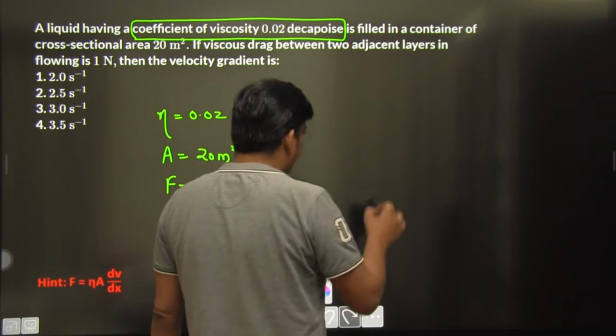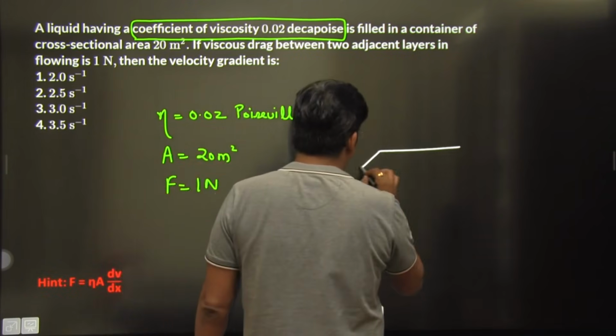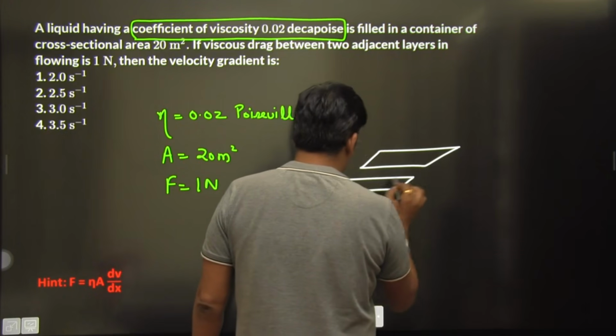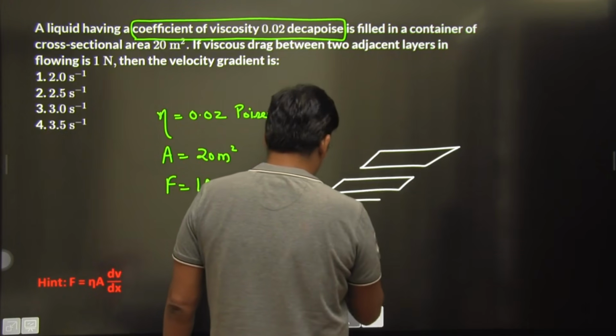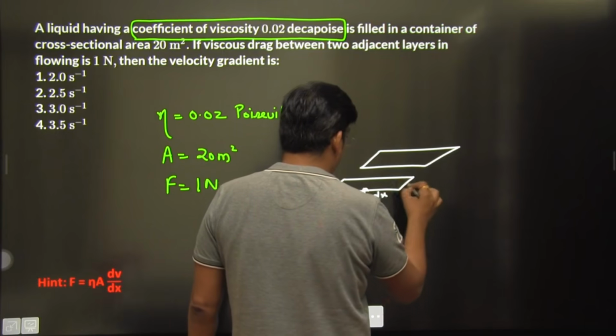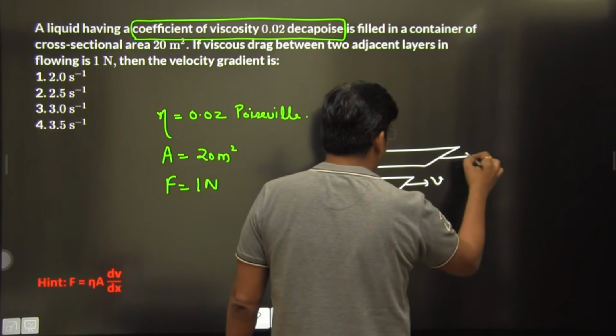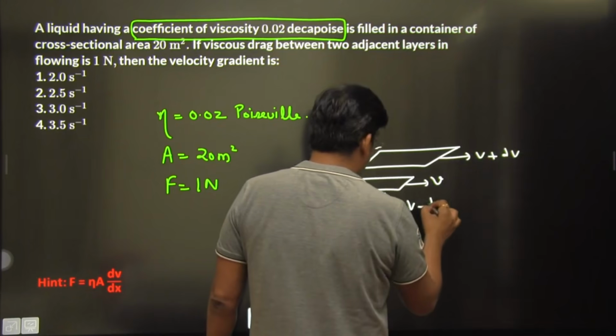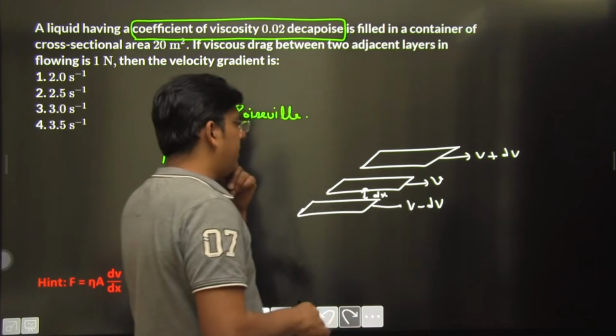Dear students, if these are the successive layers of liquid, then we know the formula. If this is dx, this velocity is v, this is something greater than v, this is something less than v. The distance between the successive layers is dx.